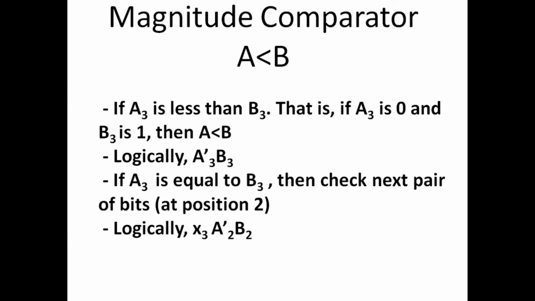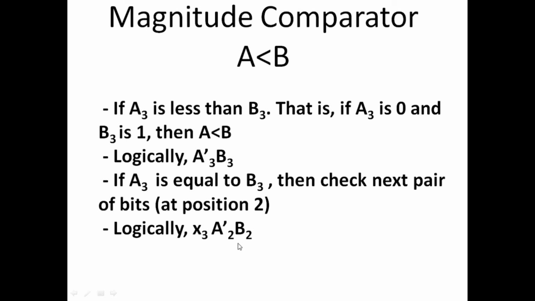To combine the two, just like we did before, we say x3, which tells us that the bits at significant position 3 are equal, and A2 prime B2 means A2 is 0, B2 is 1. So if this term gives us 1, it would also mean A is less than B.